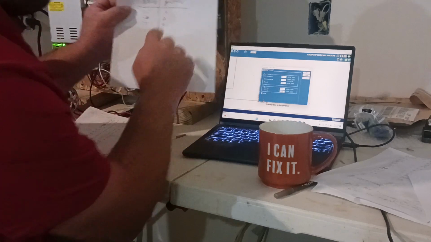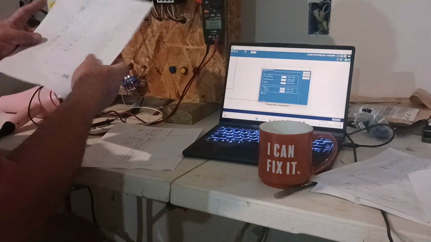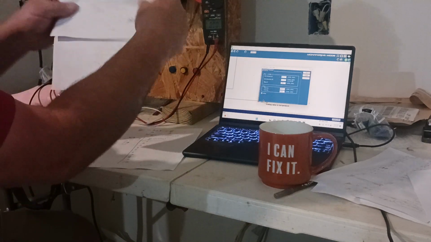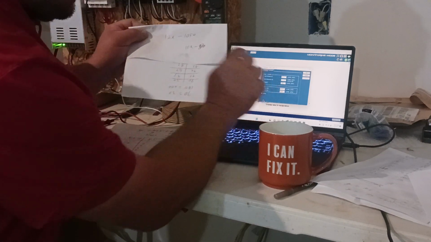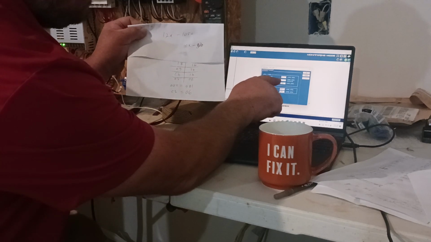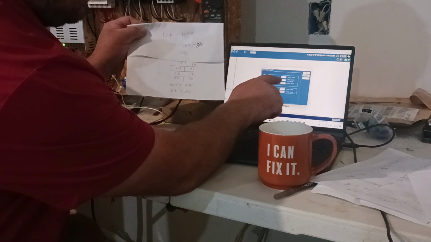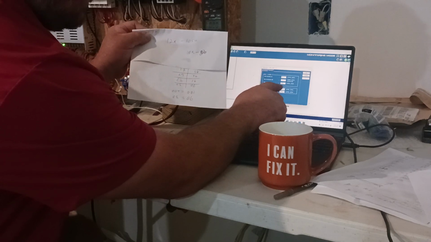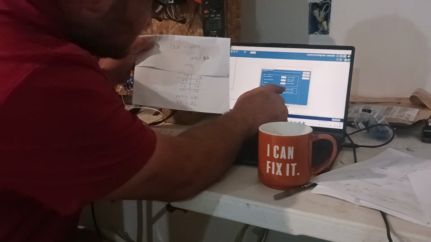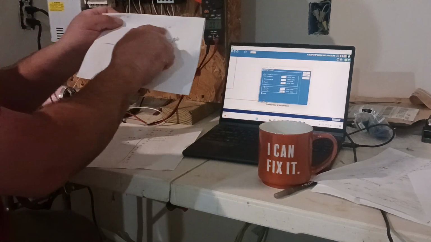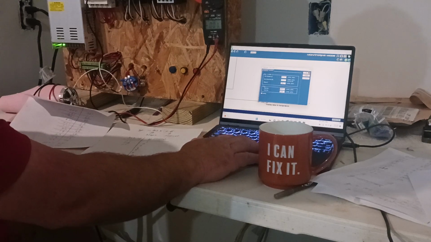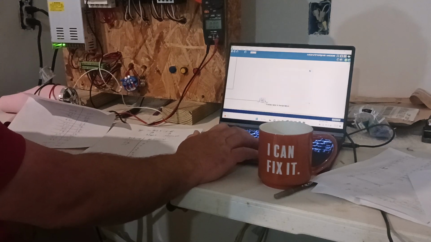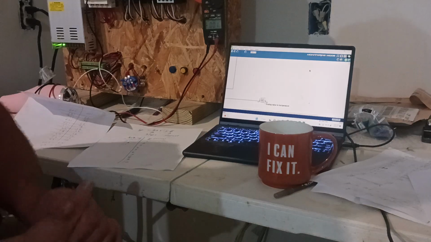So here's my equation for this, and my 12 is my slope, and the denominator of that is just 1 since it's 12, and then there's my offset right there, which is negative 1050. So 12x minus 1050. That's basically how I scale it. Anything that's linear, I just use the linear equation and plug in the values.